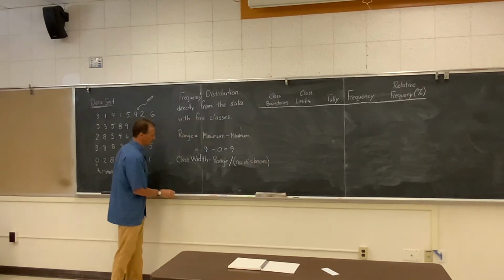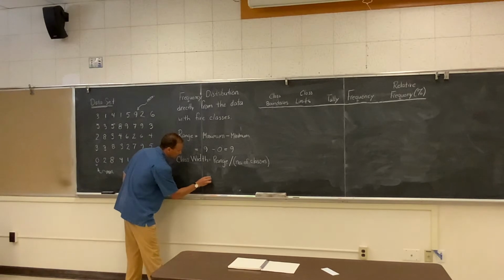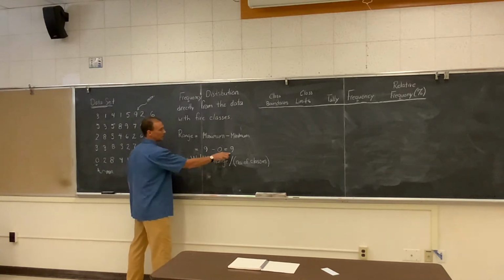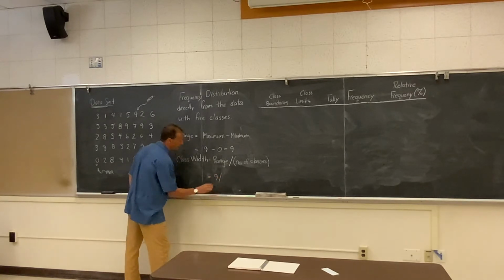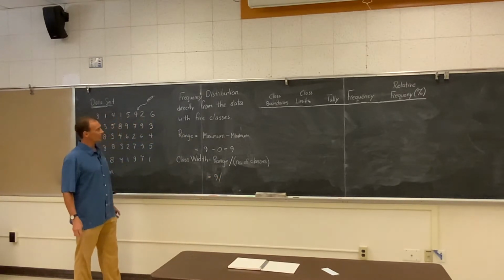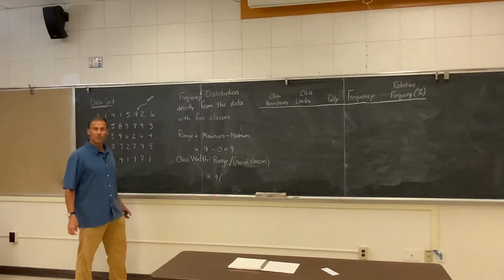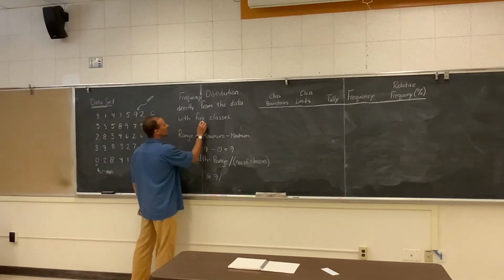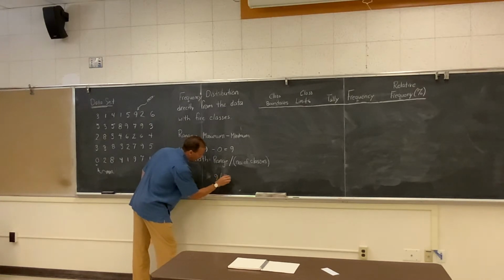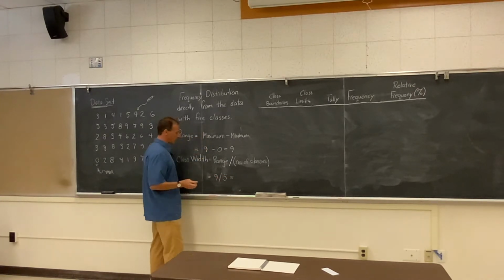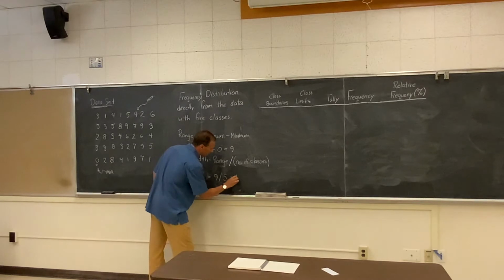So our range we found to be 9, divided by the number of classes that was given to us. We had 5 classes. So 9 divided by 5, and if you put that into your calculator, you're going to come up with 1.8.